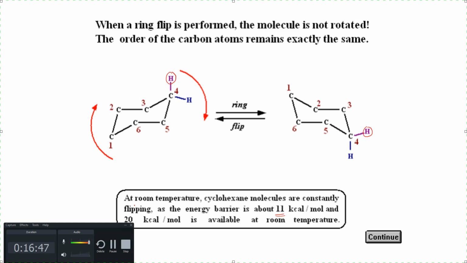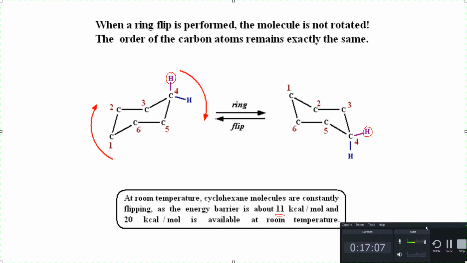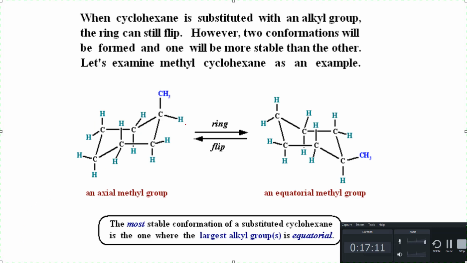And the thermal energy at room temperature is about 20 kilocalories per mole. So cyclohexane molecules are constantly ring flipping in real life. If you were able to stop them, you would see that. So that is the ring flipping process to form the different conformations of the cyclohexane ring.